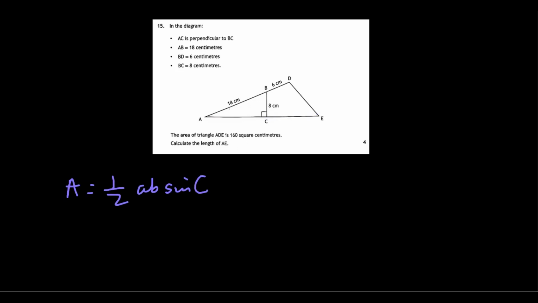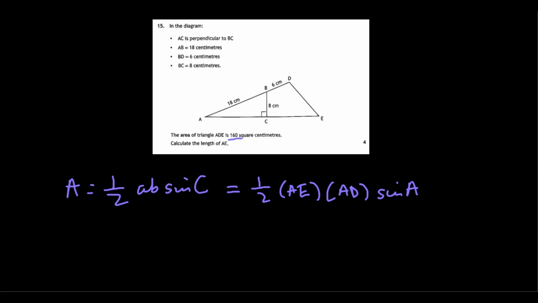So if we can find sine A, so for this angle, the formula would just be half and then AE, so this side times sine of the angle between them. That's what this formula is, essentially. So it would be this side times AD times sine A. So that means, let's just plug in the information we have.